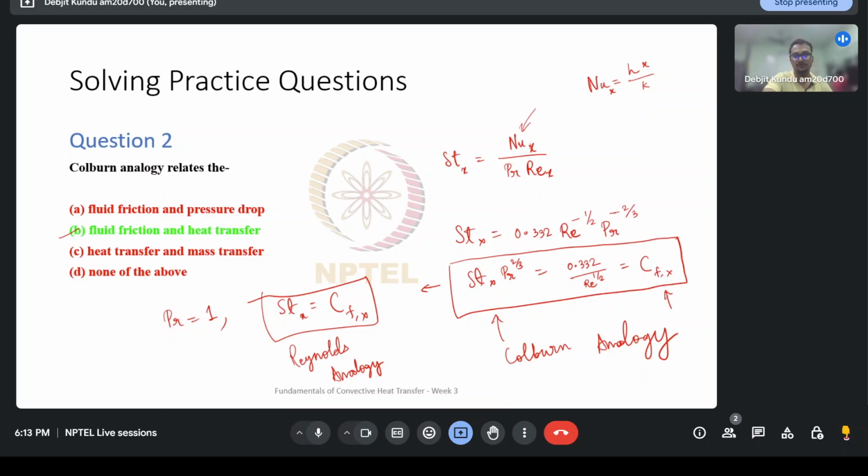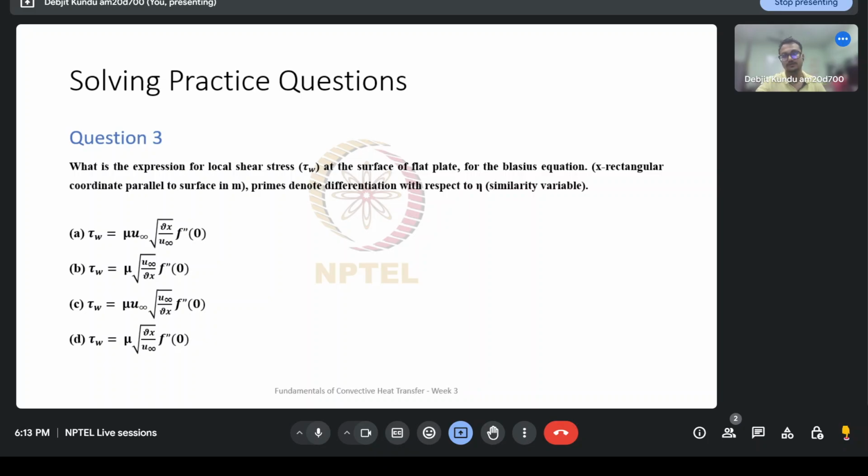Okay, so moving on to question number 3, which is asking us for the expression of local shear stress tau_w at the surface of a flat plate. For the Blasius equation, you have to consider that primes denote the differentiation with respect to eta.